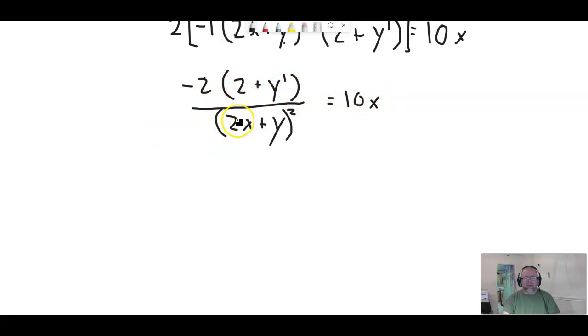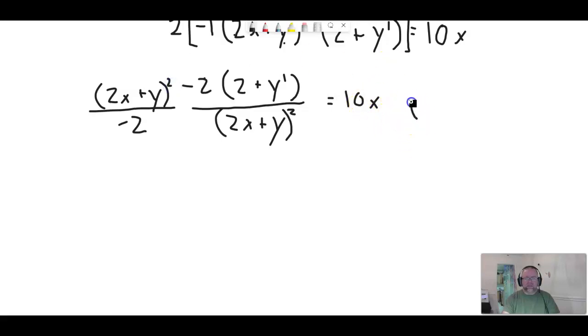Or I can just multiply both sides by the reciprocal of negative 2 over 2x plus y quantity squared. And that's what I'm going to do here. So I'm going to multiply this side, negative 2 on the bottom, and then 2x plus y quantity squared. I'm going to do the same thing over here.